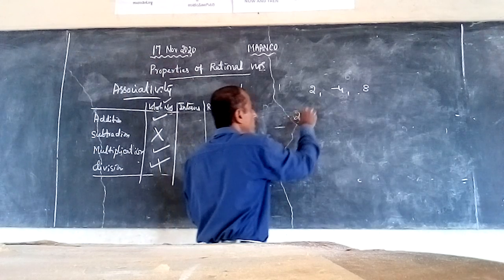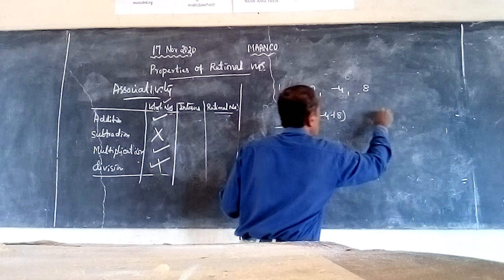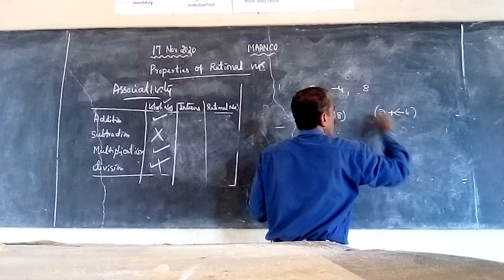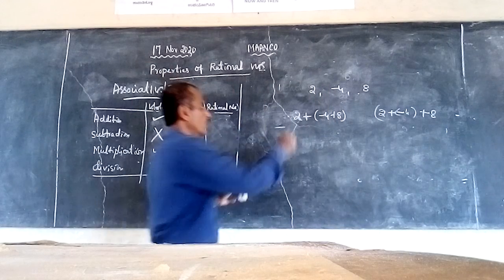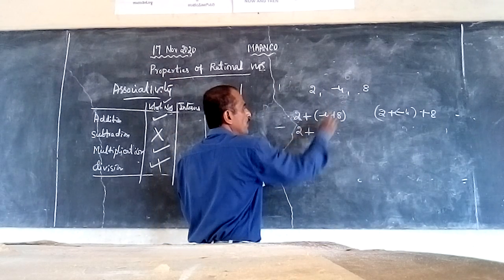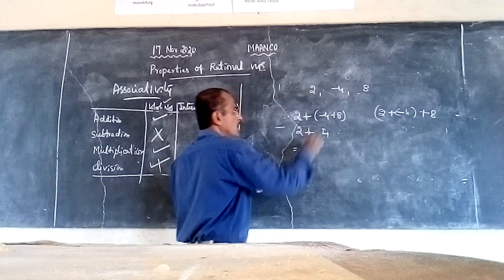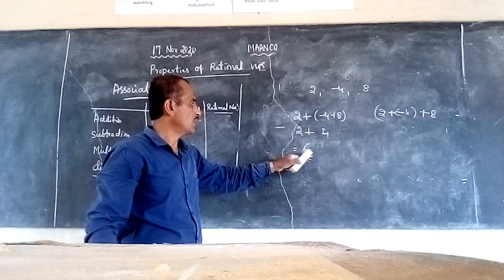See, (2 plus minus 4) plus 8 is equal to 2 plus (minus 4 plus 8). Whether it is true or not, check. 2 plus minus 4 is minus 2, plus 8, the answer is 6.